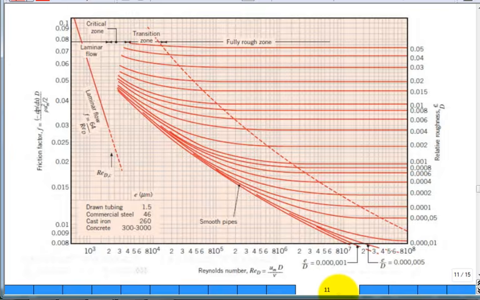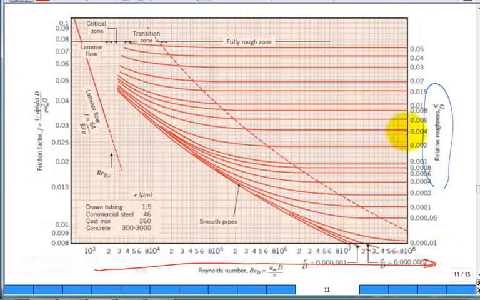So we come in here, we have the Reynolds number on the x-axis. We have a different line for different values of the relative roughness. Here's maybe one. And you say, oh, I'm at this Reynolds number, that roughness, read off the friction factor. I'm going to come back to this chart. I encourage you to really study this chart, but I'm going to say that you are able to do that.